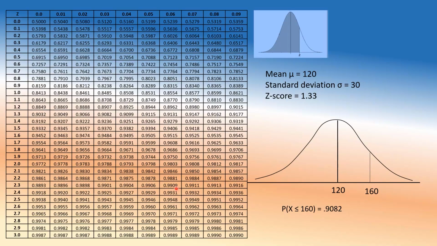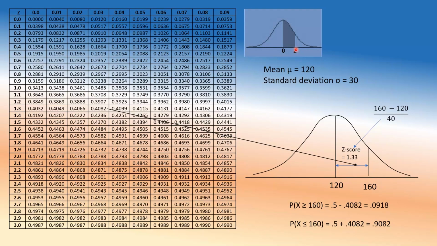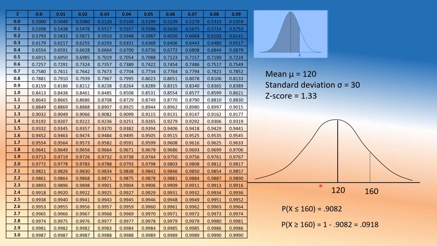In the previous table, we would add 0.5 to it. Now what's more than 160? Well, if this is 0.9082, this will be 1 minus this whole area. That will be 0.0918. So the point is, if I get this table or if I get this table, it doesn't really matter. So this is simply the introduction, the basics, and the next video will actually be doing it.